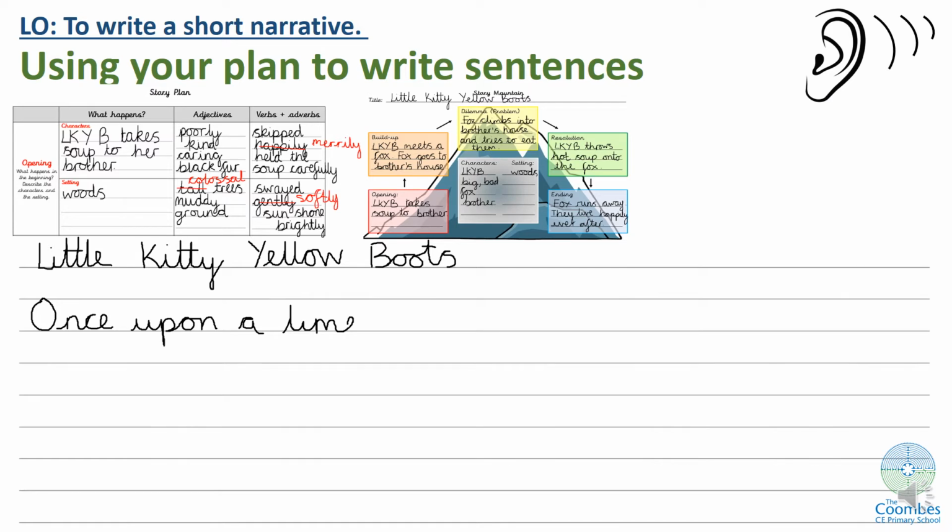So Once Upon a Time, and now I need to introduce my main character. Once upon a time there lived, I could say, a small black cat called Little Kitty Yellow Boots. It's like a tongue twister.